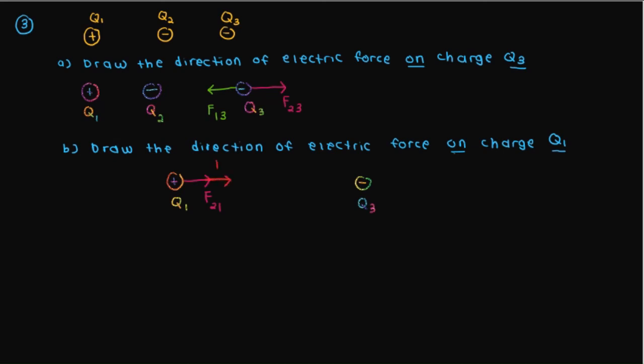So this is F3 on 1. Okay, so if you see here, we get both in the same direction, to the right. And then just put back the charge Q2 here.